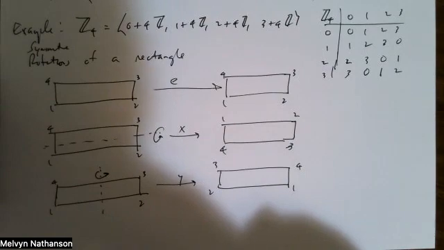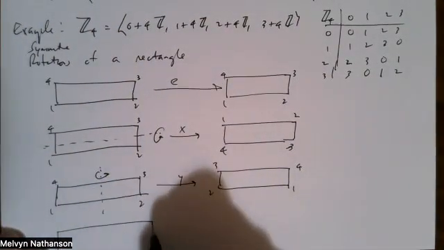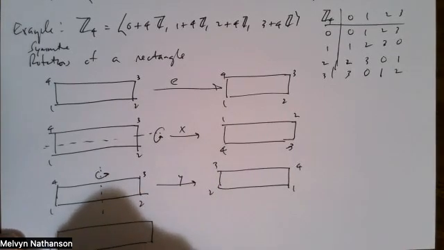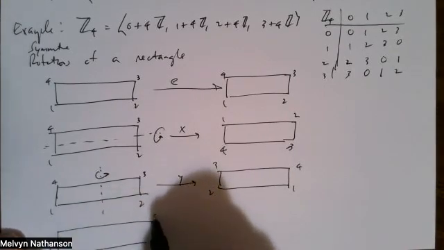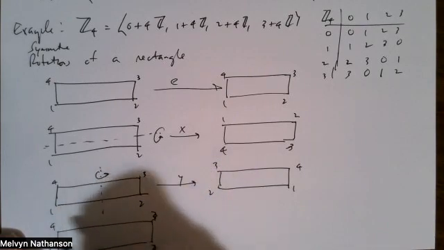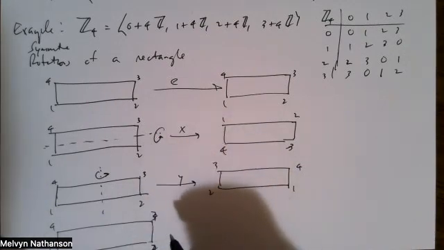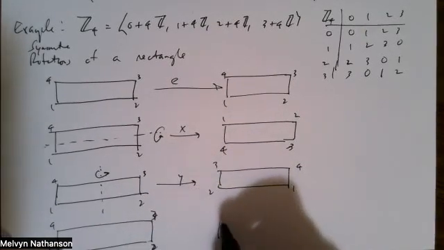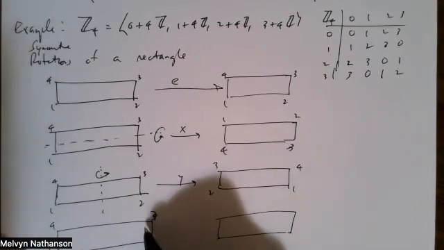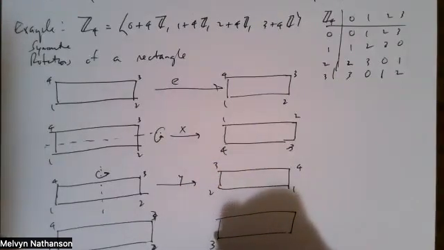And the other thing I could do is take my rectangle, 1, 2, 3, 4, and I could pick it up and flip it around. So I can pick it up and rotate it, so I put the 3 over here.